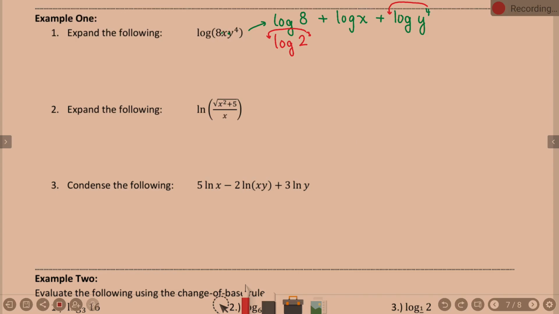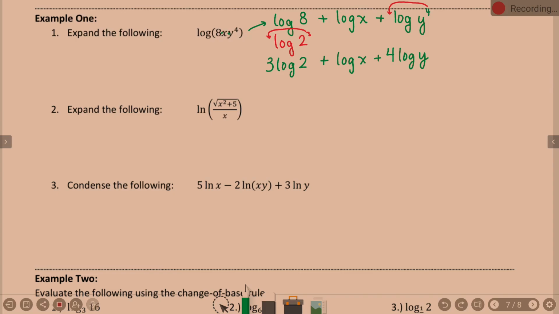Okay, now, I'll tell you up front, it's not horribly wrong if you don't. But I encourage you to try and look for those powers. So if I write this out now, I'm going to move the 3 out front there. So it's 3 times log 2 plus log of x plus, I'm going to move my 4 out front, so it's 4 log of y.